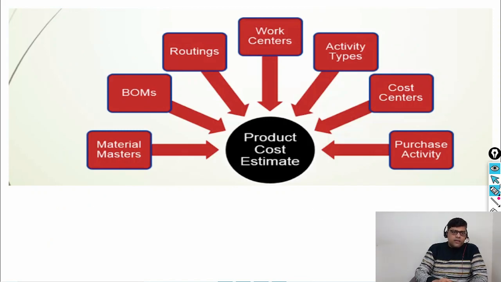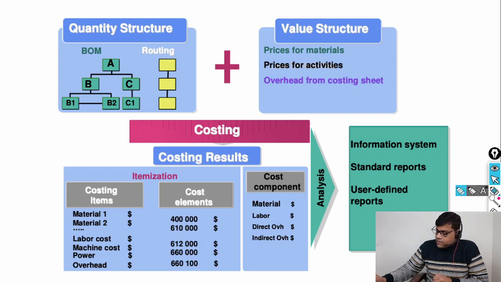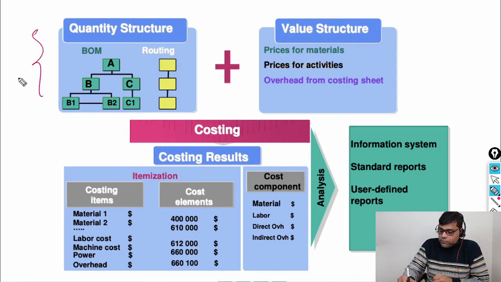Now let's move to the next PPT. You can see this particular structure here, which integrates multiple things. In the quantity structure, we are going to define the bill of material and routing. Basically this is part of your PP, so this one is your PP segment. Then we have the value structure for our price of materials. How are we going to get the material price?